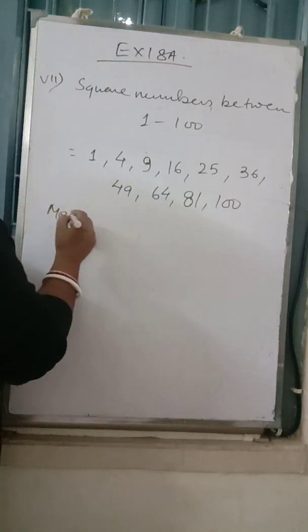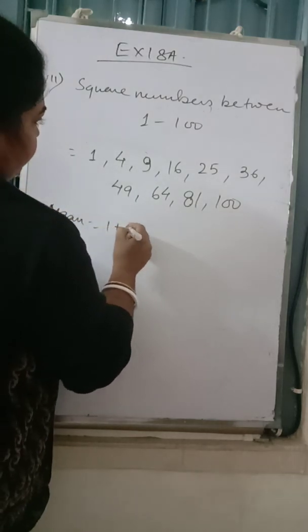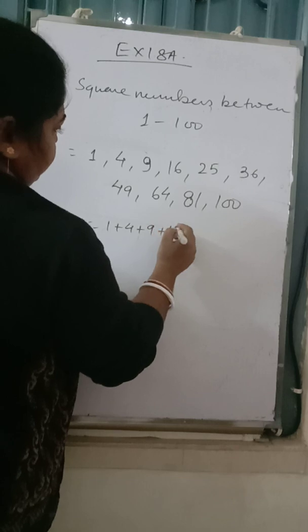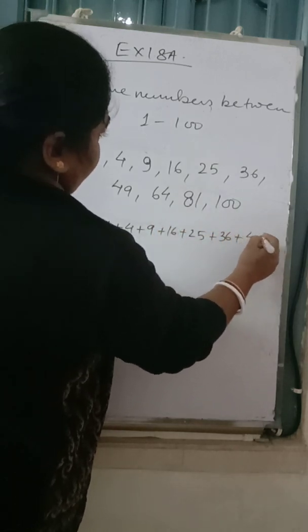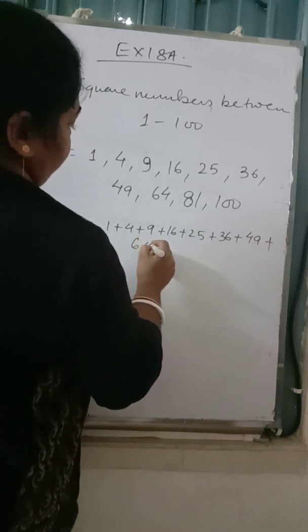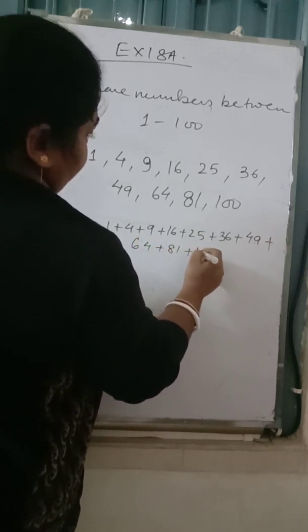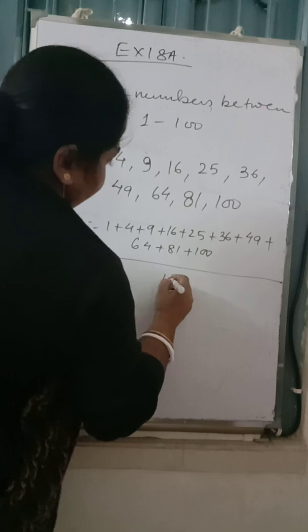Now we have to find the mean. 1 plus 4 plus 9 plus 16 plus 25 plus 36 plus 49 plus 64 plus 81 plus 100 divided by 10.